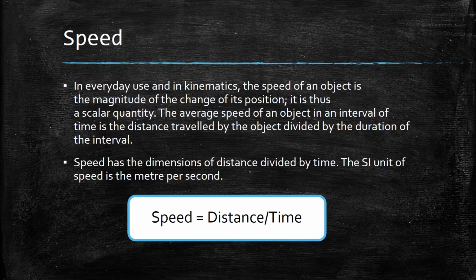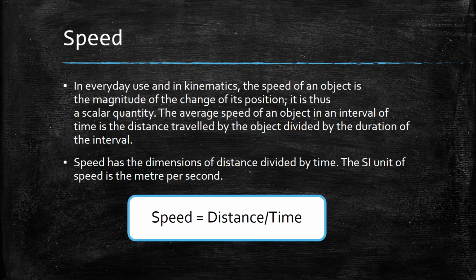Now, what is speed? Speed is the distance traveled by an object in respect to time. If we take a car and it takes 2 hours to travel 100 km, for example, and speed is equal to distance upon time, then here our distance is 100 km and the time is 2 hours.